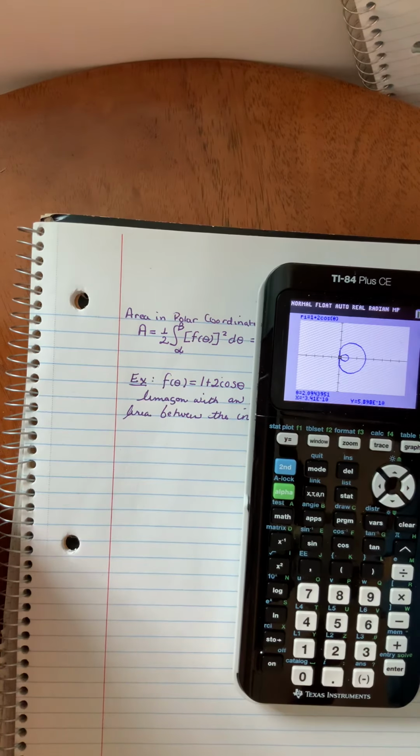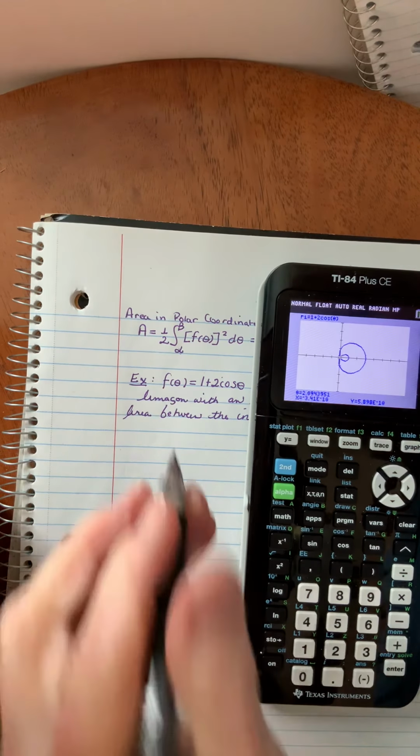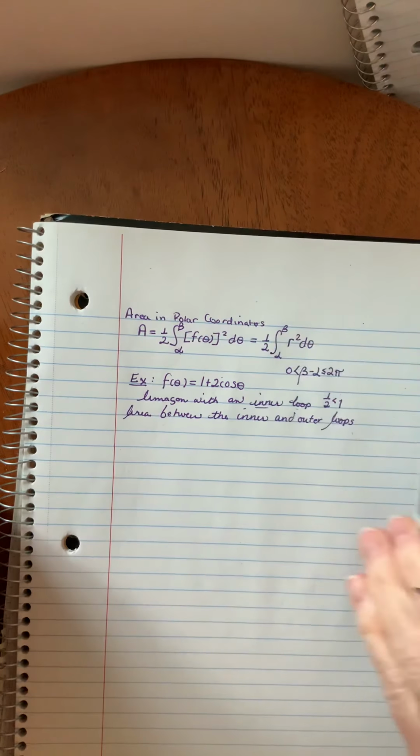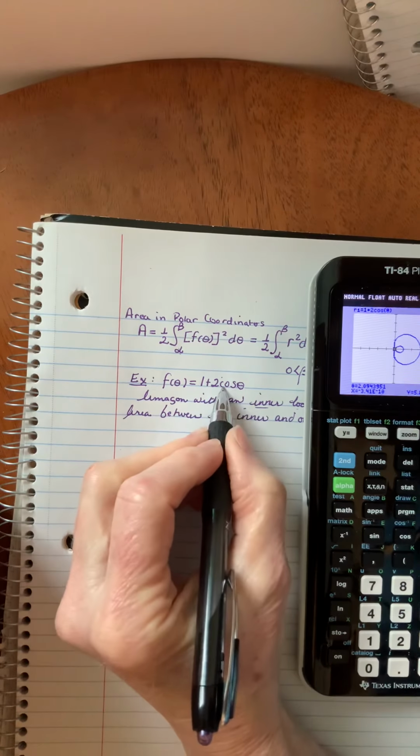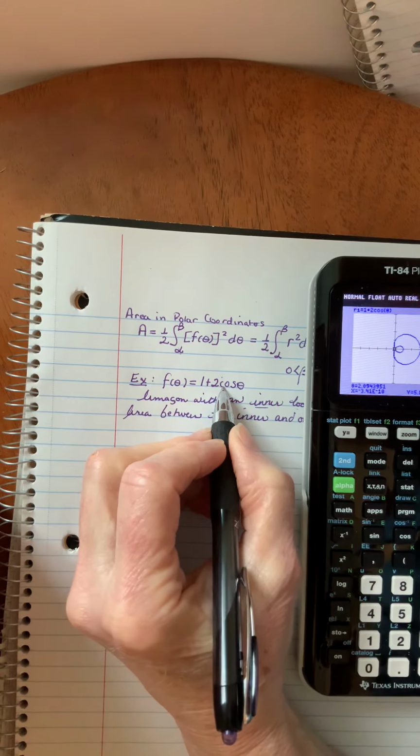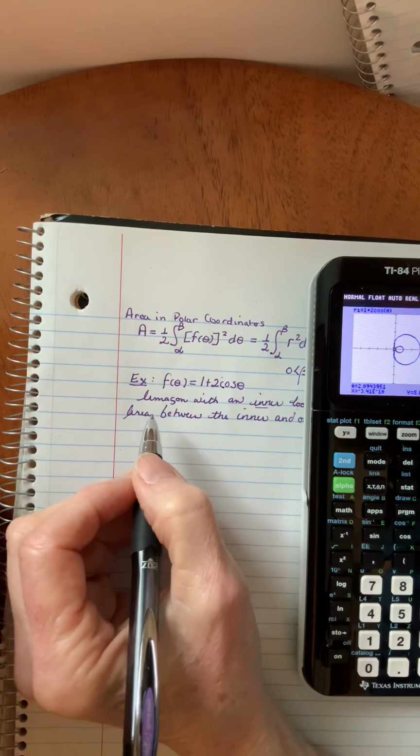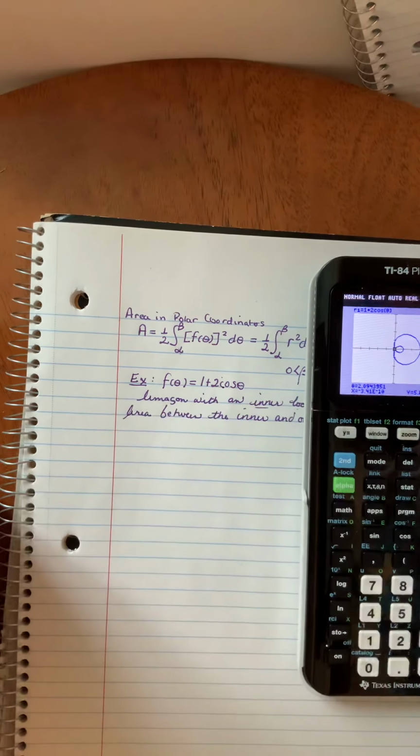Now that's not exactly y is 0, but it's pretty close. But what is that value? I need to know where it's at the origin.